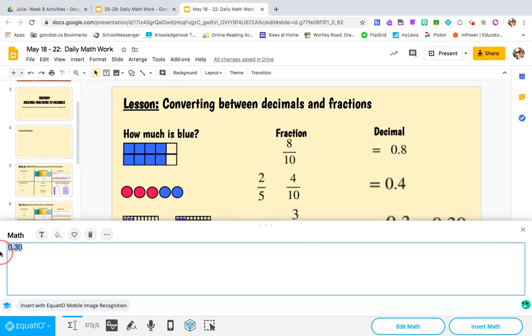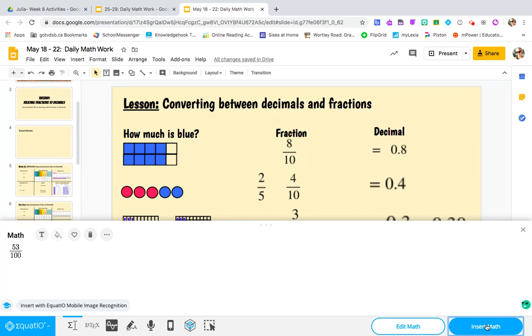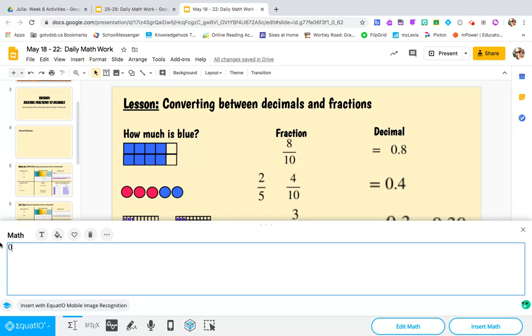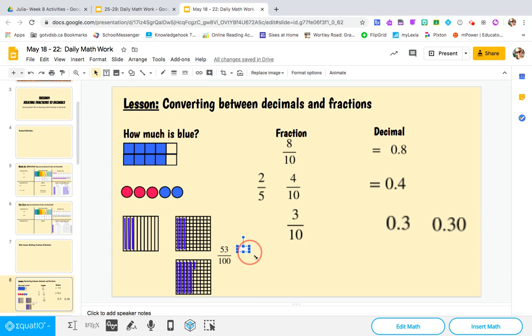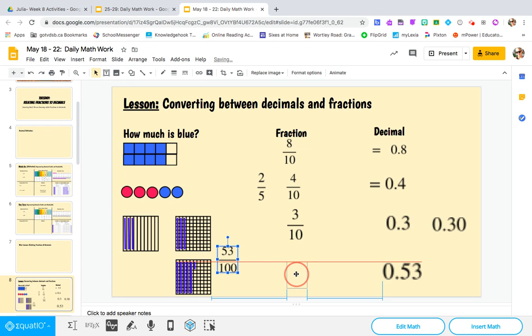Now to write that as a fraction, I'm going to say 53 out of 100 are colored in. I'm going to insert that into our space. Or I could say 0.53 are colored in. Okay, so I'm just going to enlarge those and make them pretty. I'll leave them up there for you so that when you're practicing your own, you can come back and have a look at that.